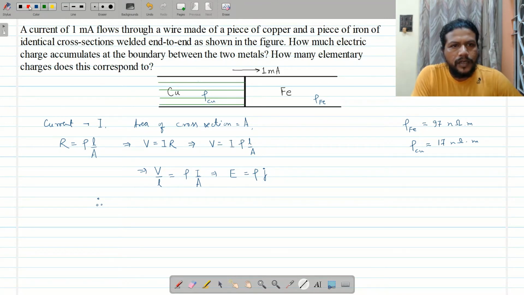But on the other side, in the iron, the field will be a bit stronger because the resistivity is higher as well. So at the boundary, what's happening is there's accumulation of charge because on the two sides the fields are different, and by the nature of it, because in this case the field is pointing, we find that there has to be positive charge accumulated at the interface.